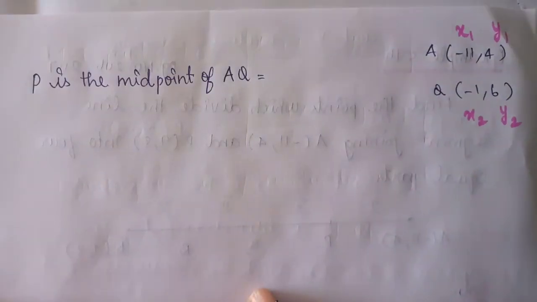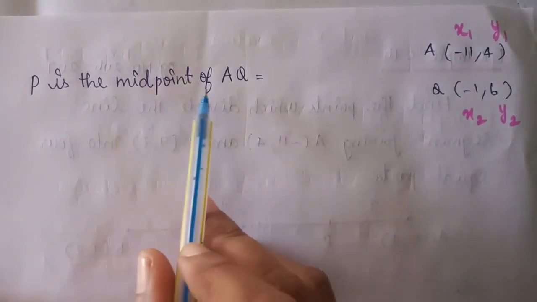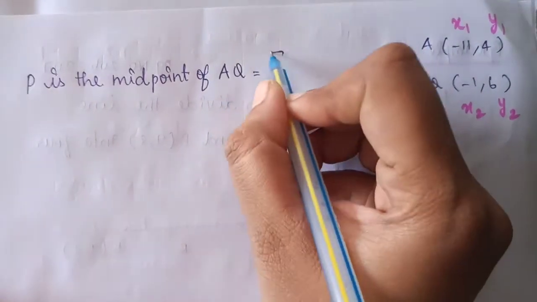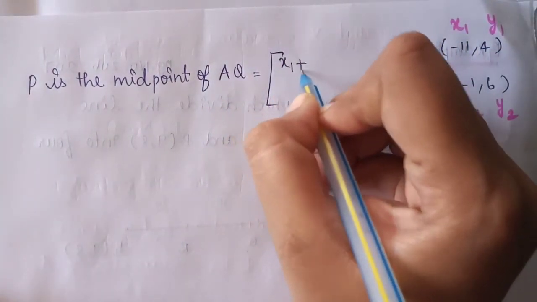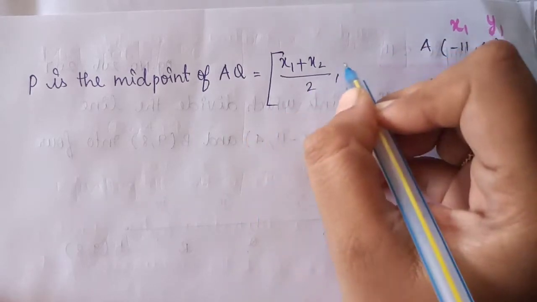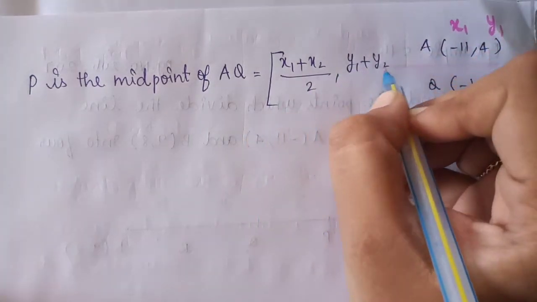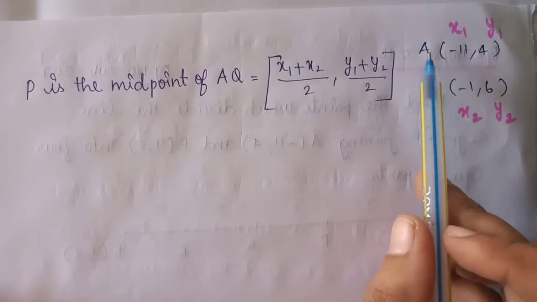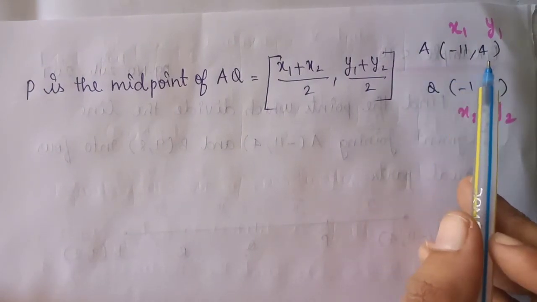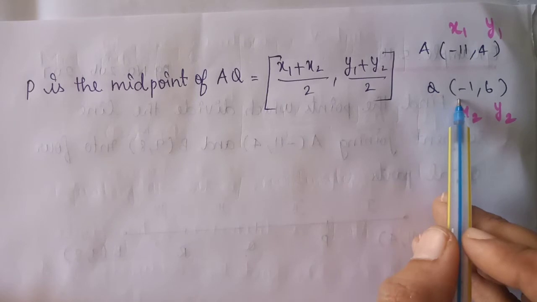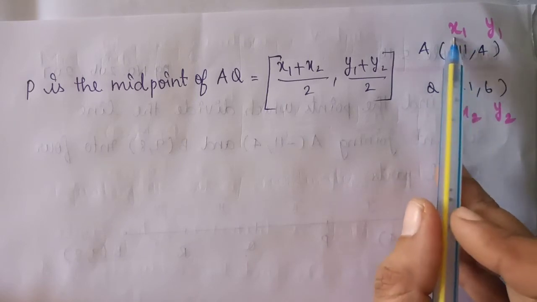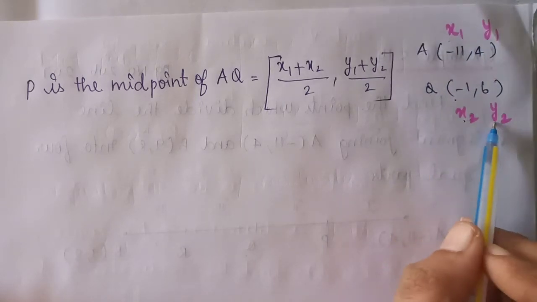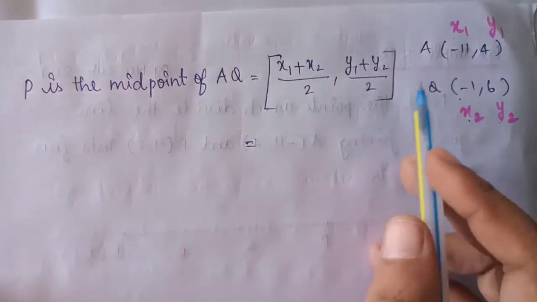Next we are going to find the midpoint P. So P is the midpoint of AQ. We know the midpoint formula, ((x1 + x2)/2, (y1 + y2)/2). Now we have found the coordinate of Q. So the A coordinate is (-11, 4) and the Q coordinate is (-1, 6). So this is your x1, y1, x2, y2. Substitute the values in the formula.